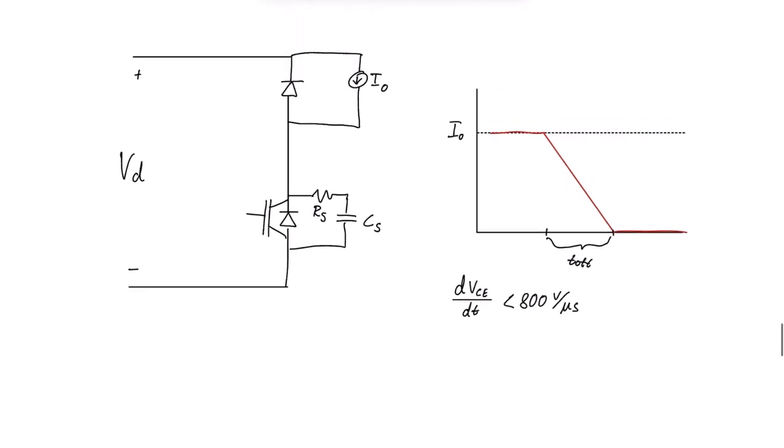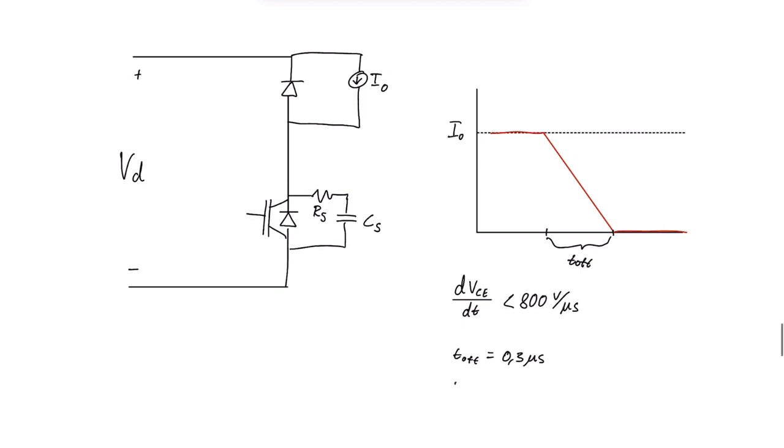So if T off is 0.3 microseconds, this voltage change per time would be too high. So then we need to add a Snubber circuit, like over here, in order to increase that turn-off time.